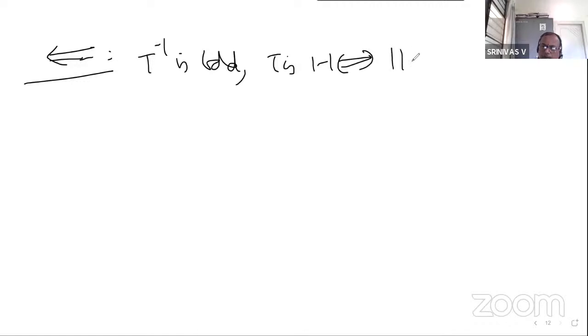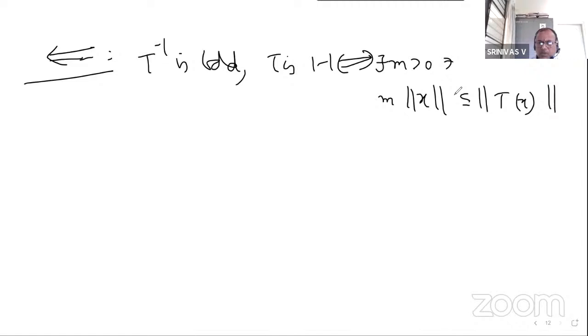Okay, now let's look at this part. So T inverse is bounded and T is 1 to 1. T is 1 to 1 is equivalent to that there exists a small M positive such that M times norm X is less than or equal to norm Tx. Okay. We put this simple as this.